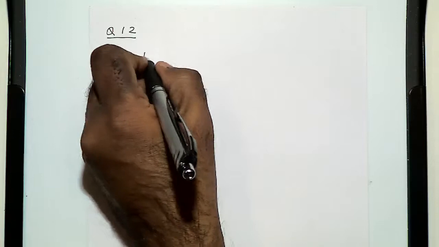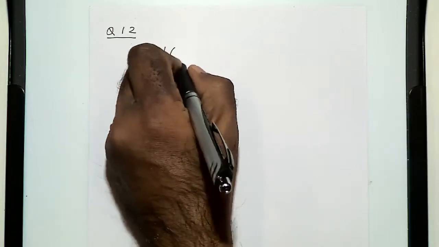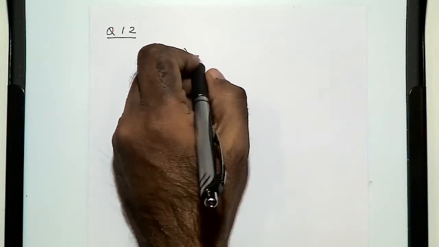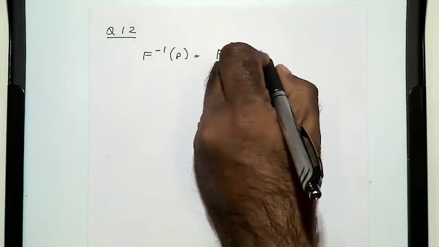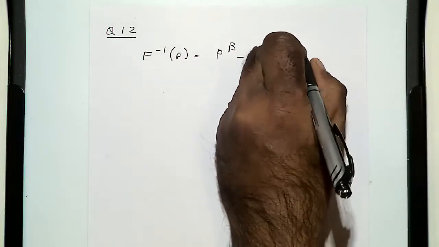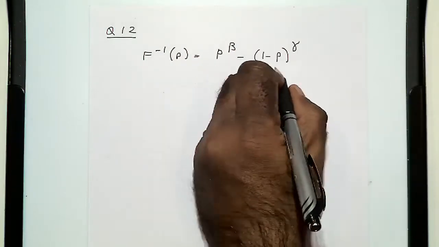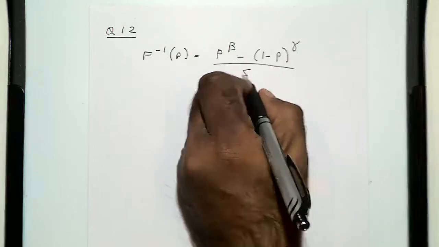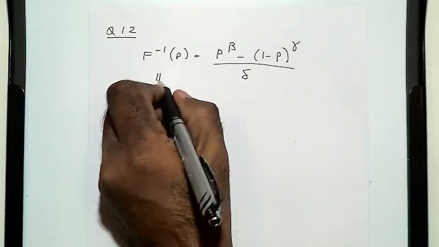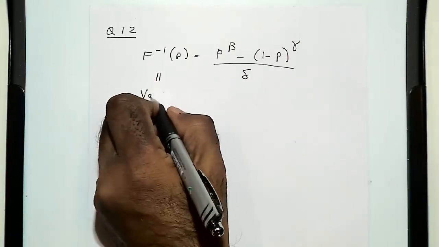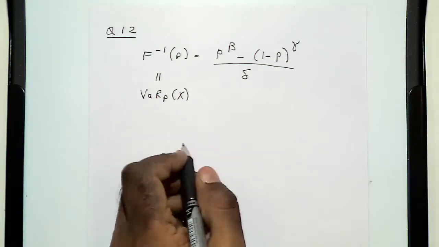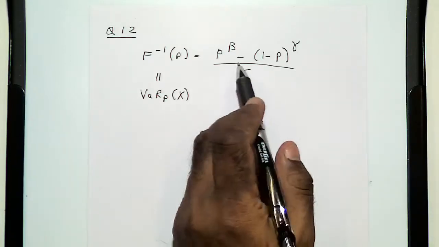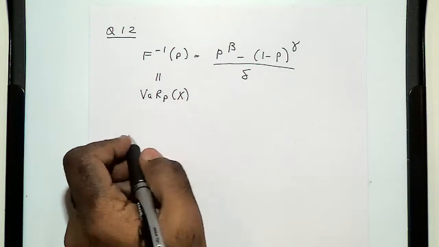Question 12 is you're told that F inverse is equal to p to the power beta minus 1 minus p to the power gamma, divided by delta. So again, just for being lazy, let's assume that these are not equal to minus 1, right?